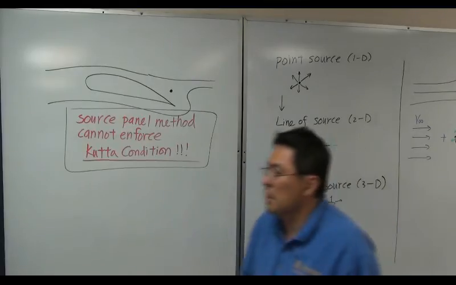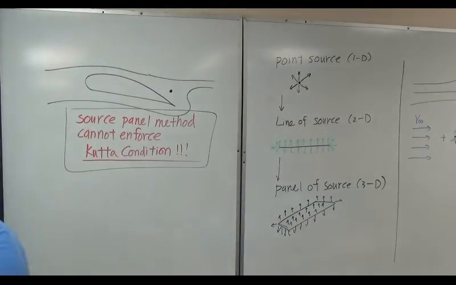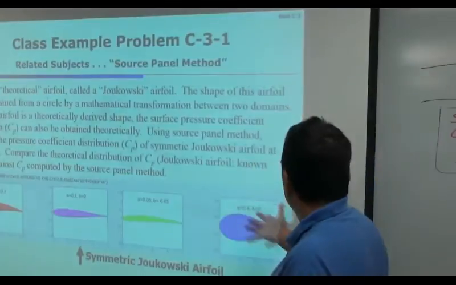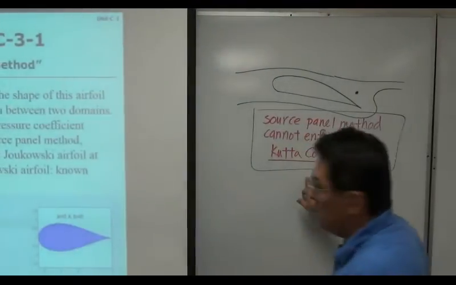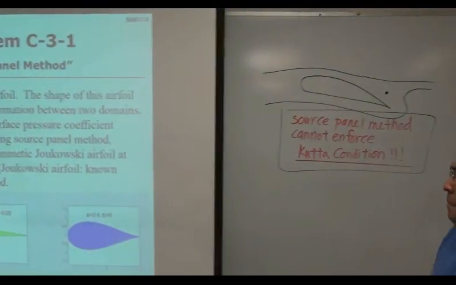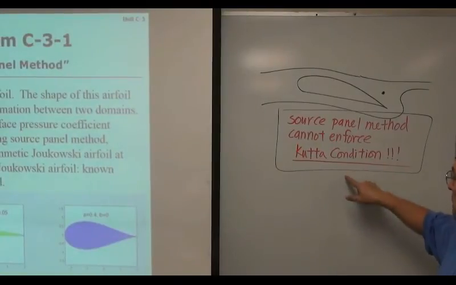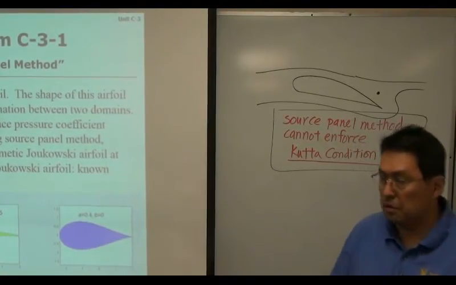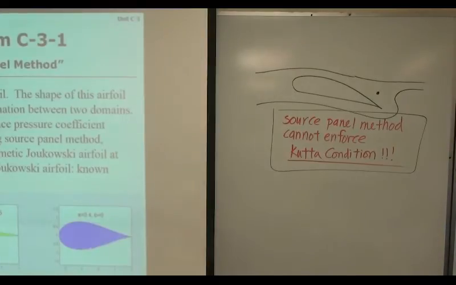All right. So this example problem demonstrates clearly that source panel method has some fundamental issues. This is actually a very, very fundamental issue. However, source panel method is really good to explain how the panel method works. So let's go back a few slides.